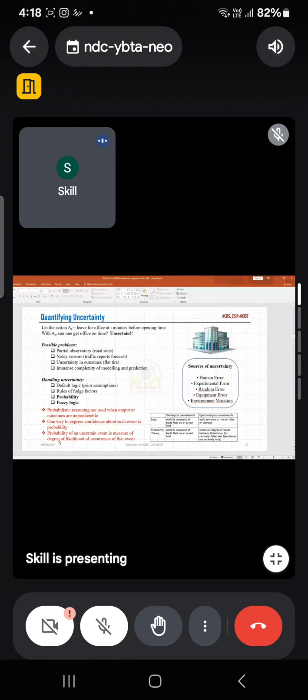Then ontological commitments and epistemological commitments I have mentioned here. In logic, the world is composed of facts that do or do not hold. So maybe one statement is correct or it is not correct, so directly we can tell. And in epistemological commitments, each sentence is true or false, or it may be unknown also.